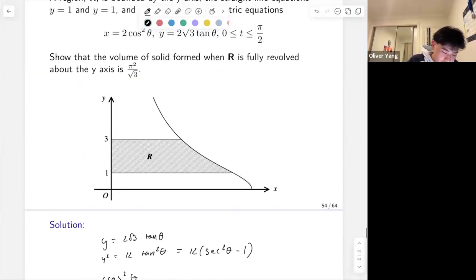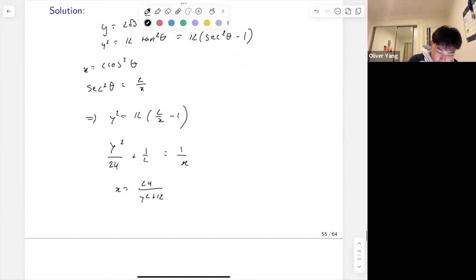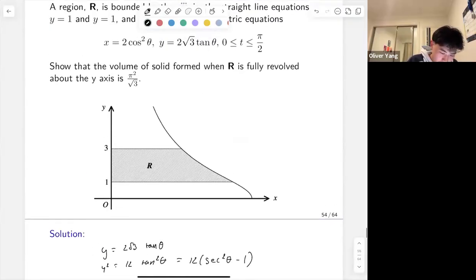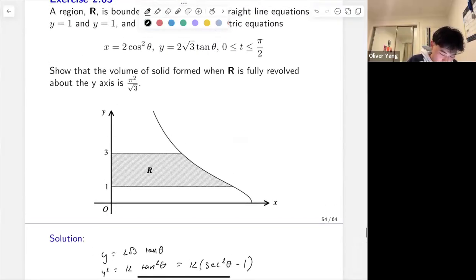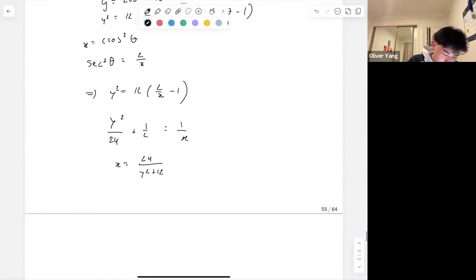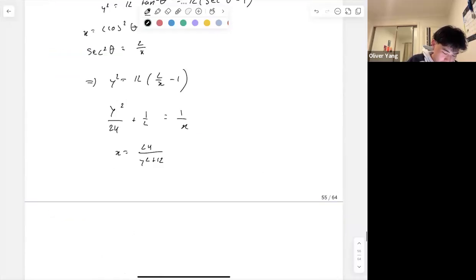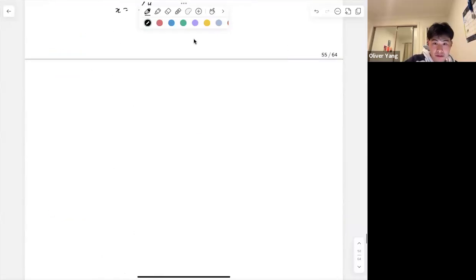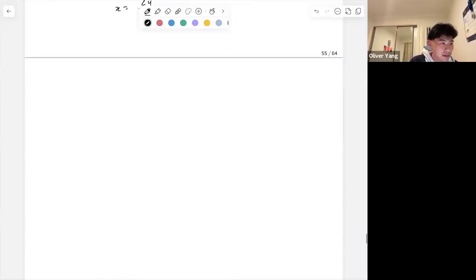Okay, cool. So we've got a function in terms of y. Now we're just going to go from 1 to 3, as given. So we can just set up our formula, right?